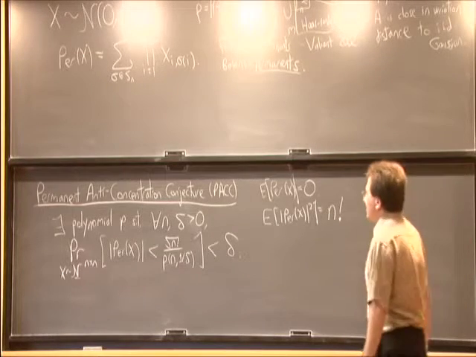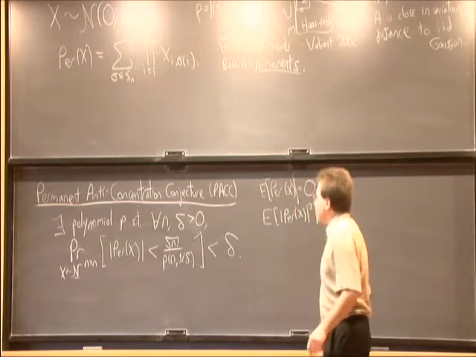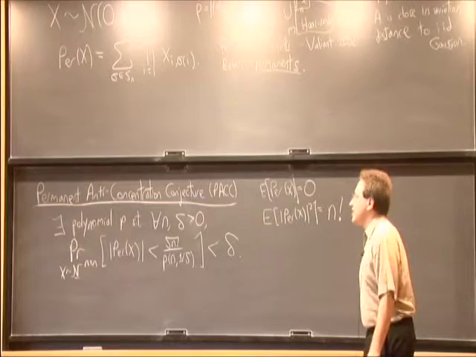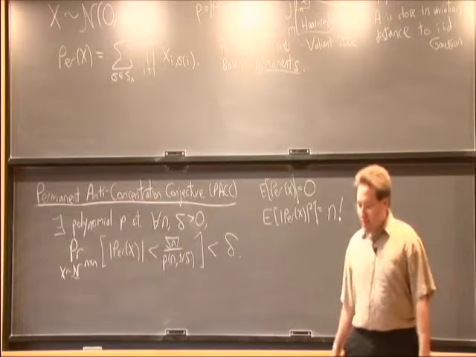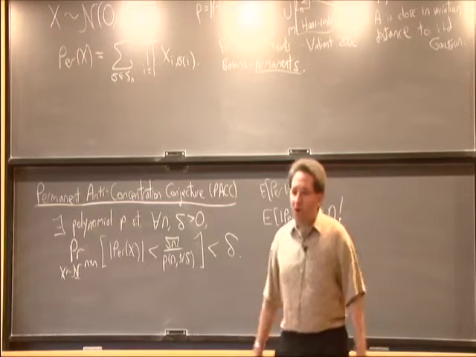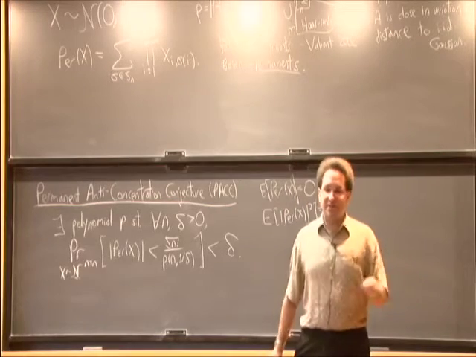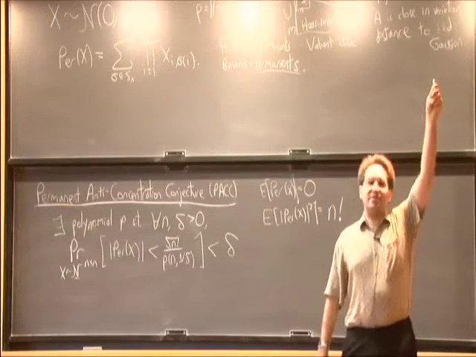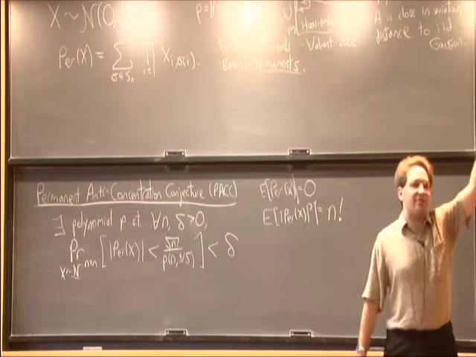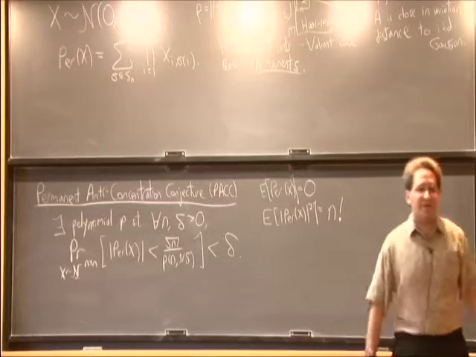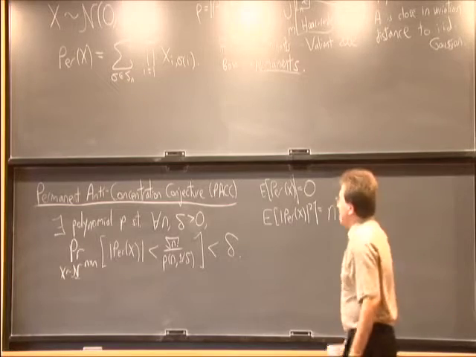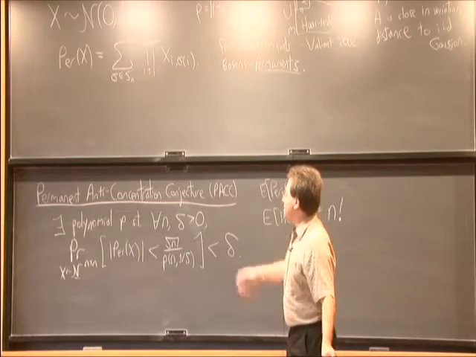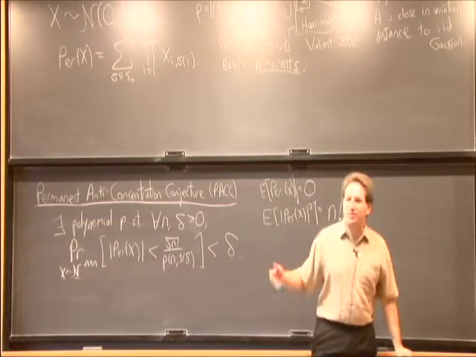Okay, and now the question is, is that really the case? Could it be that the permanent is almost always 0, or extremely close to 0, and then only occasionally it becomes enormous? That would be a very bad situation for us. And so basically what this conjecture says is that situation doesn't happen.